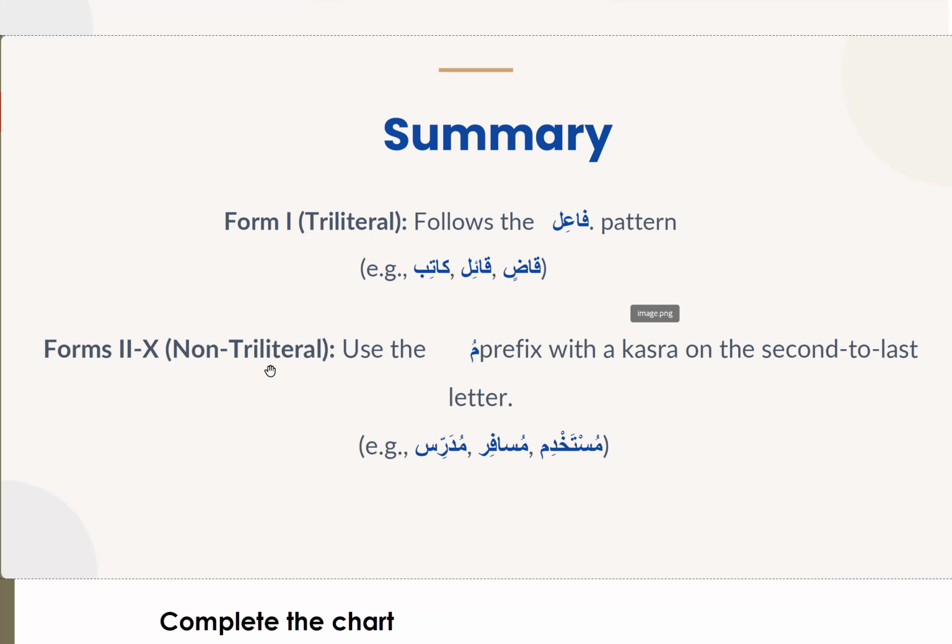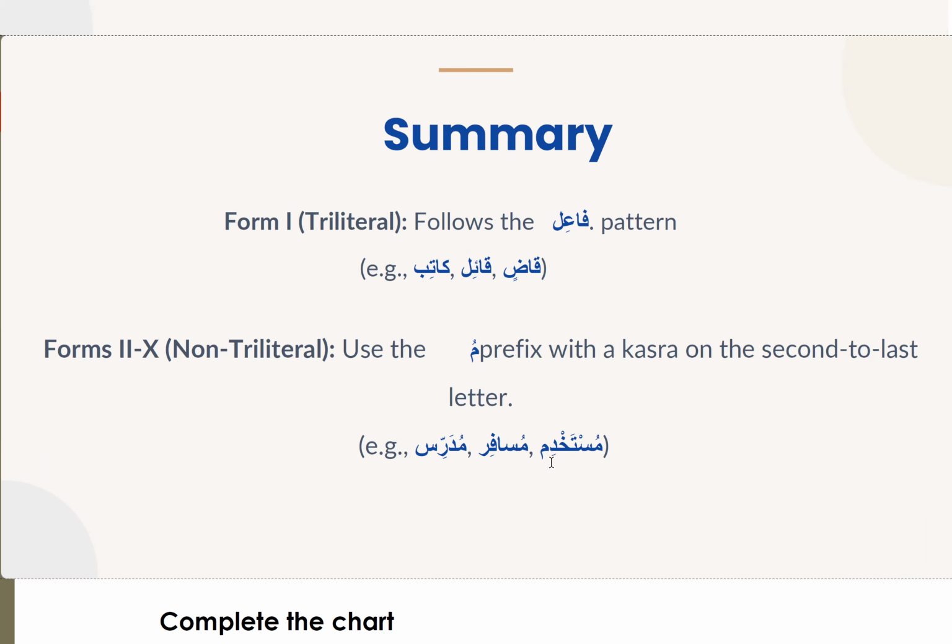When it comes to non-trilateral verbs, then you need to change it to fi'l mudari'. So look here, mustakhdim as they're given here. So take the present tense. The past tense is istakhdama, and the present tense is yastakhdimu. You have the verb yastakhdimu, change the ya to mu, and then the second last letter should be kasra.